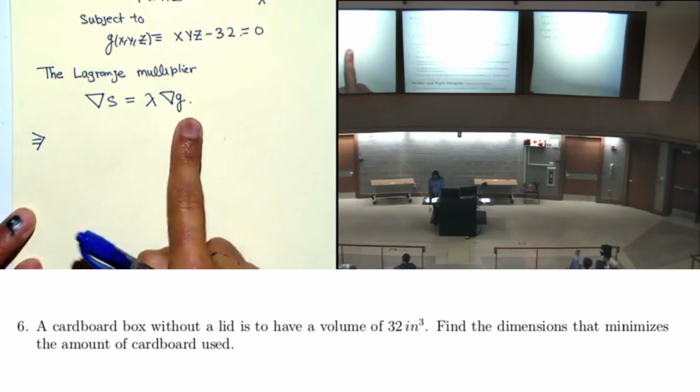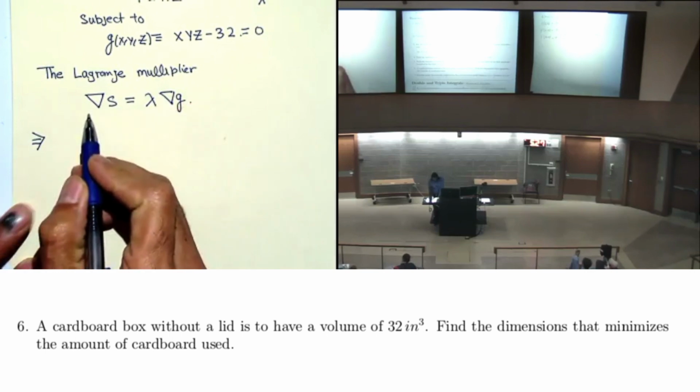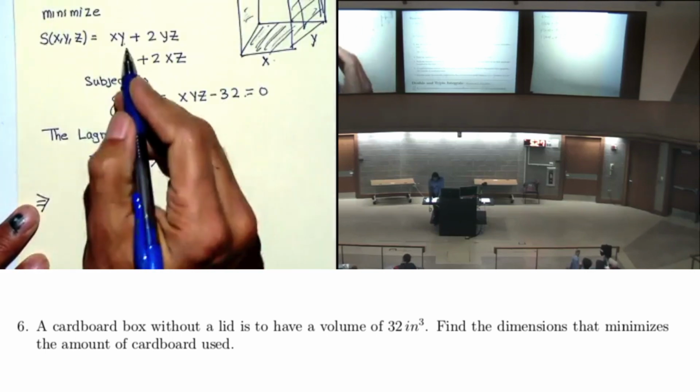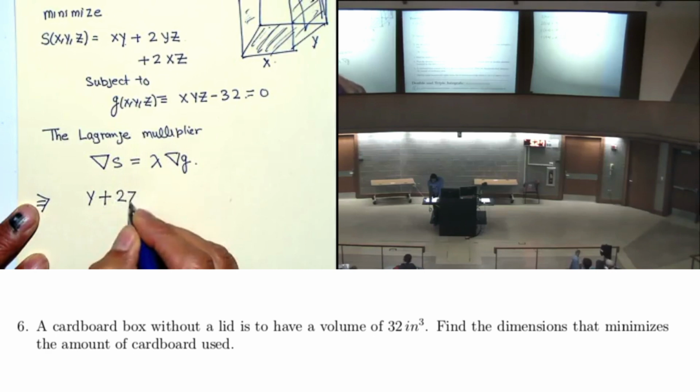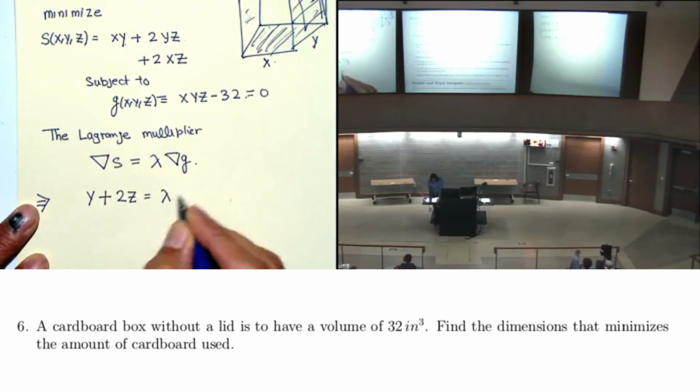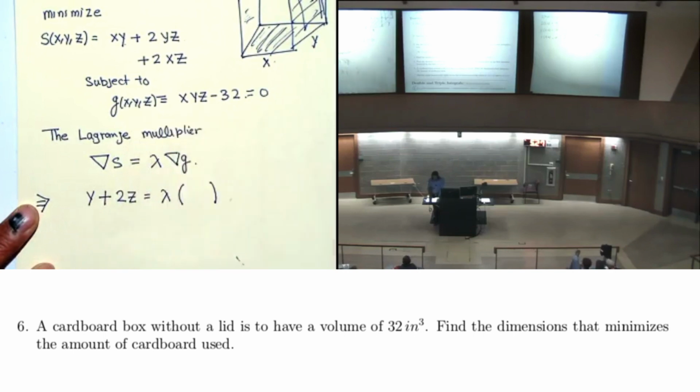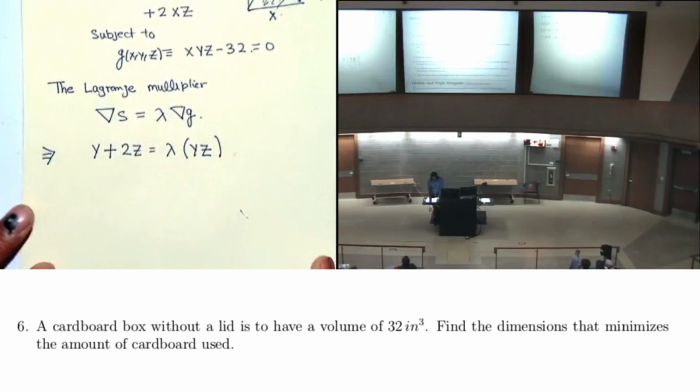If you set these two things equal, what do you get? The first equation: the partial derivative with respect to x of S, which is y plus 2z, is equal to lambda times the partial derivative with respect to x of G, which is yz. This is our first equation.